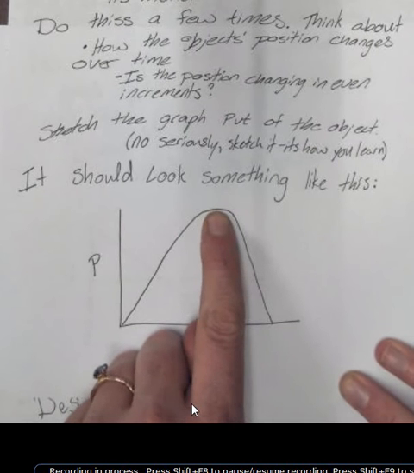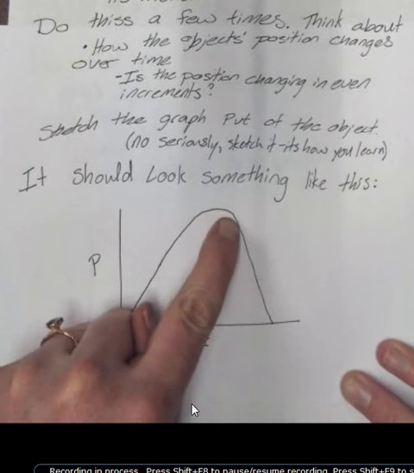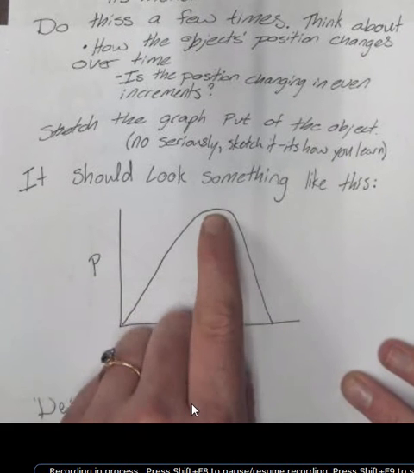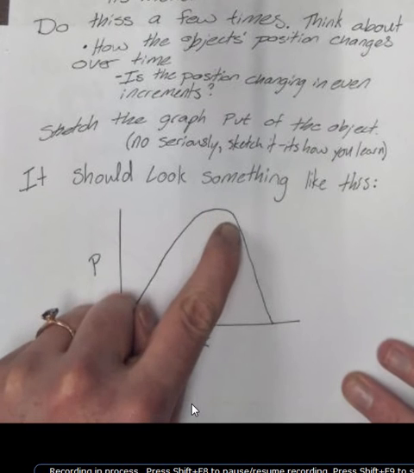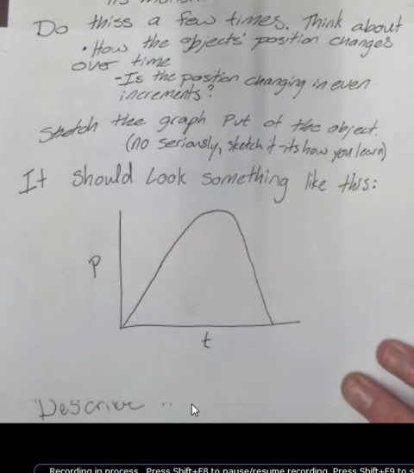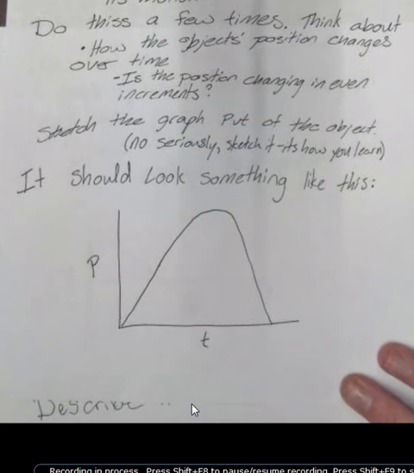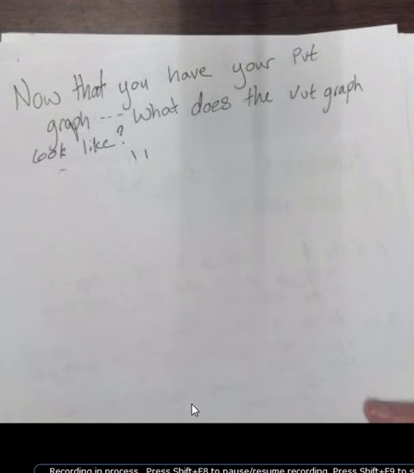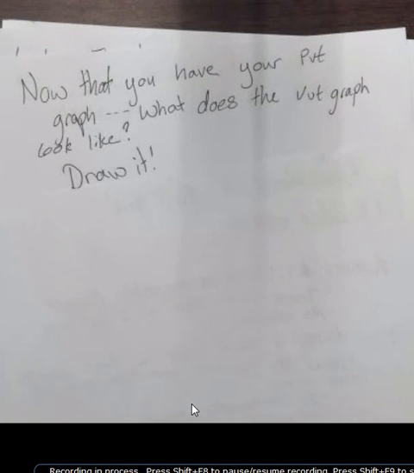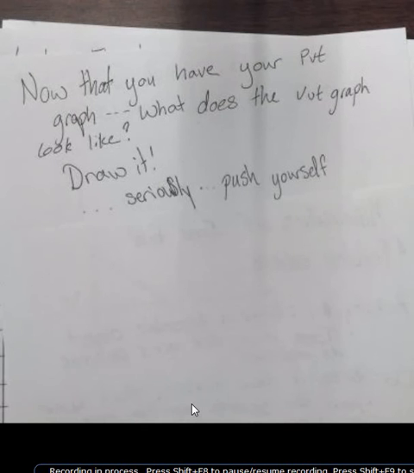And then, as it changes directions from a zero velocity to a very small negative velocity to a very large negative velocity, well, what would that look like? From my perspective, I want you to draw it. Seriously. Push yourself. Draw it.